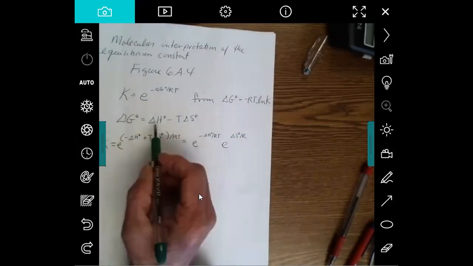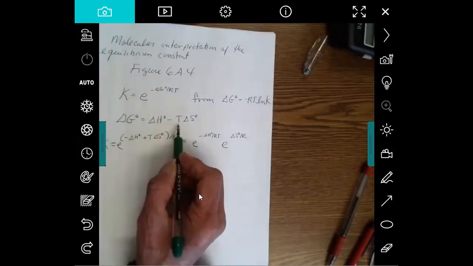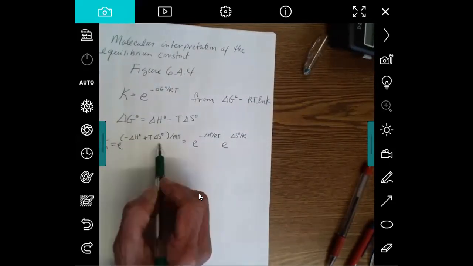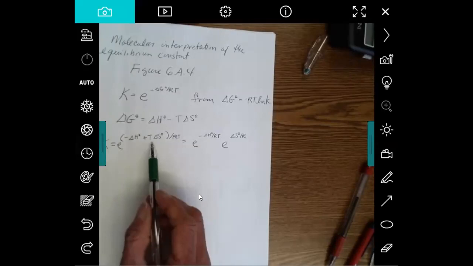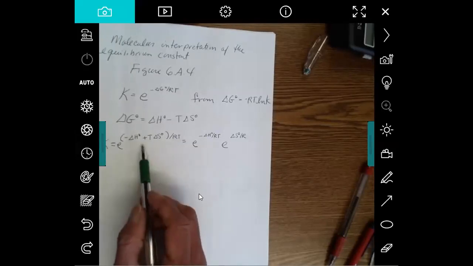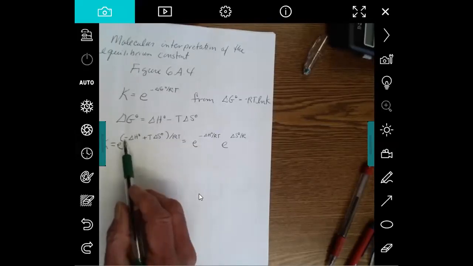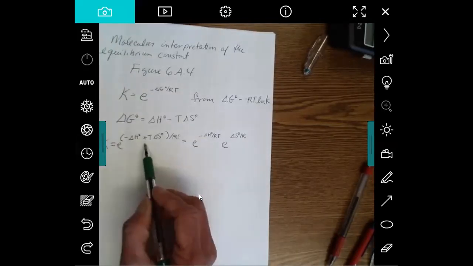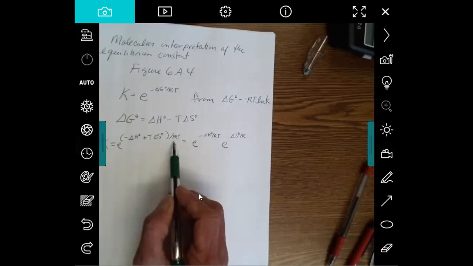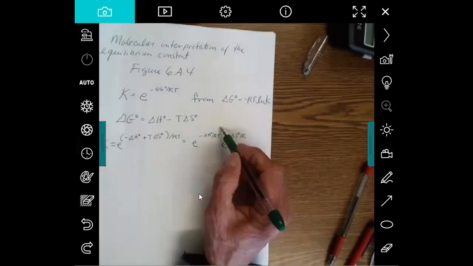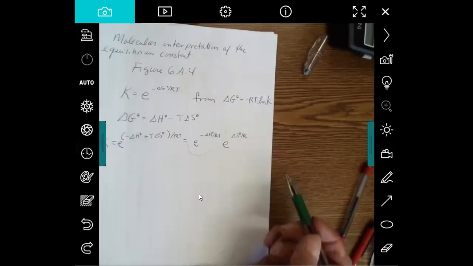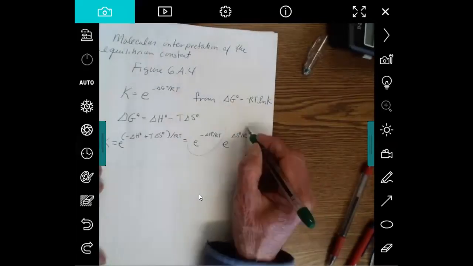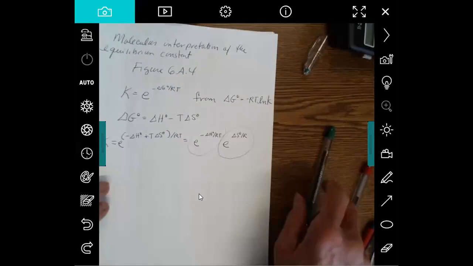And if we remember that delta G is related to delta H minus T delta S, then we can replace delta G with delta H minus T delta S. With the negative out front, you get negative delta H plus T delta S. And if they're both divided by RT, you see that the equilibrium constant is a function of both the delta H of the reaction and the delta S of the reaction.